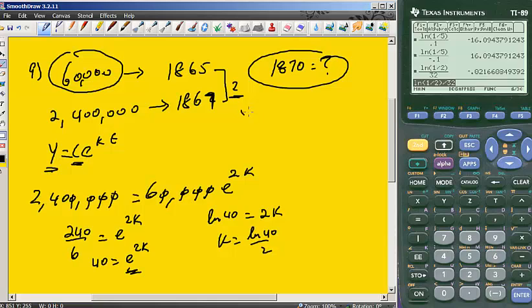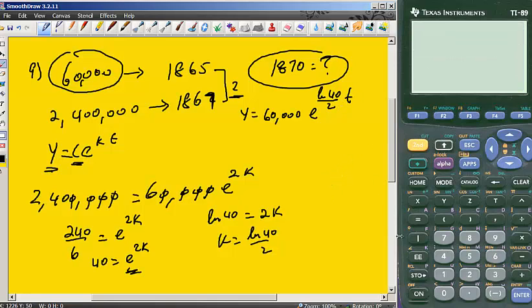So my formula now becomes y is equal to 60,000 e to the (ln of 40 over 2, that's my k) times t. So we start out with 60,000, that's the initial amount, and we want to know how much we will have in 1870.